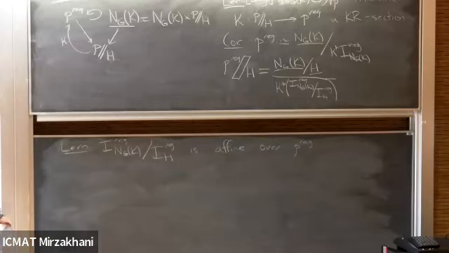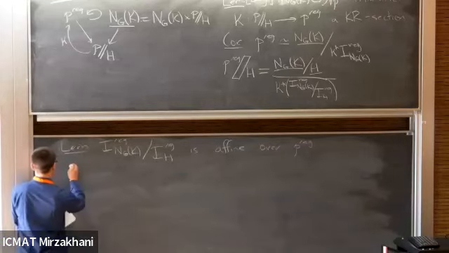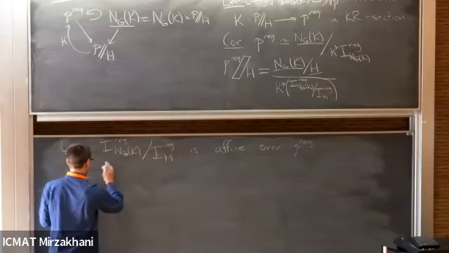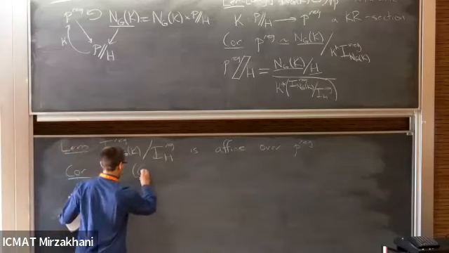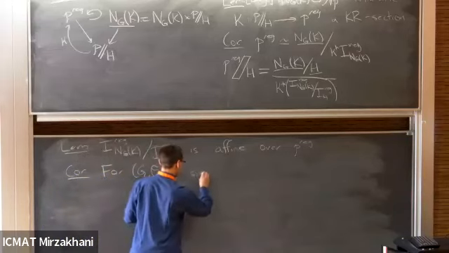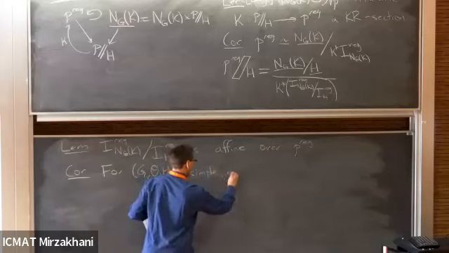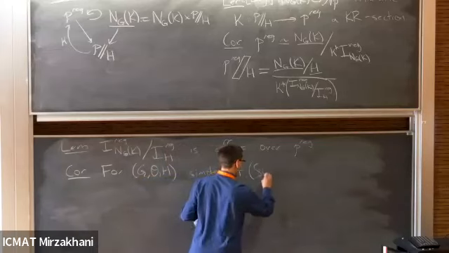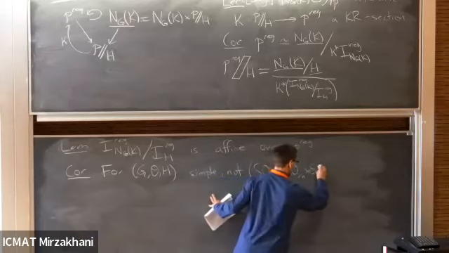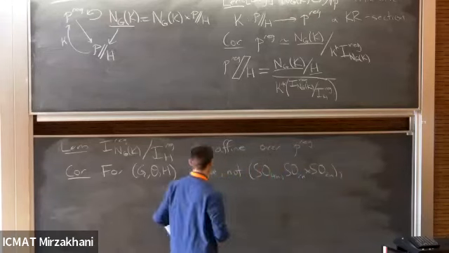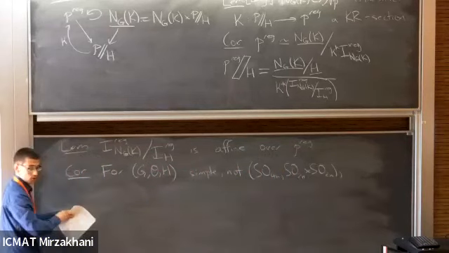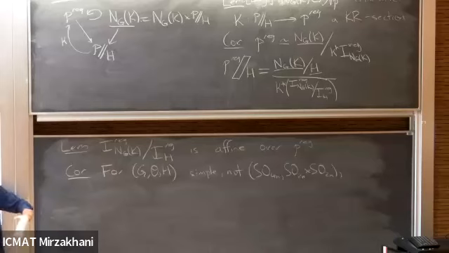And the point is that if this is an affine map, the corollary is that for (G, θ, H) simple and not my one bad form, the non-separated locus happens on a divisor.